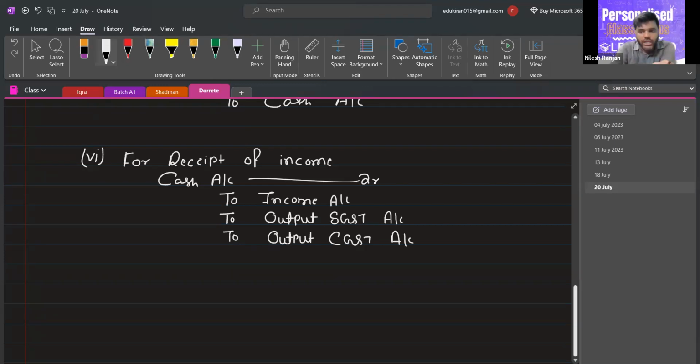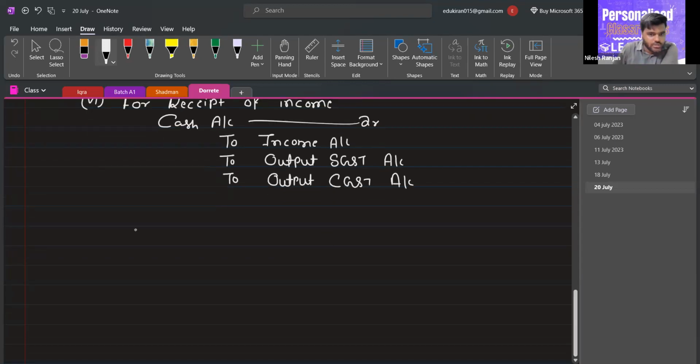Now, after all of these, sometimes some of the goods are used for personal use and some of the goods are destroyed due to an accident, fire, or theft. So we have to pass a journal entry for that also. So entry number 7, for goods destroyed. Now, what is the reason for destroying the goods?